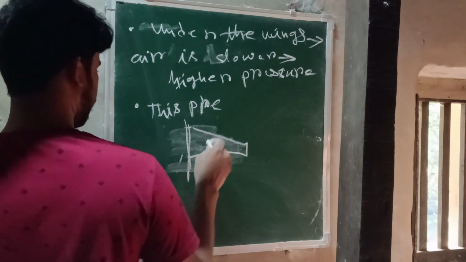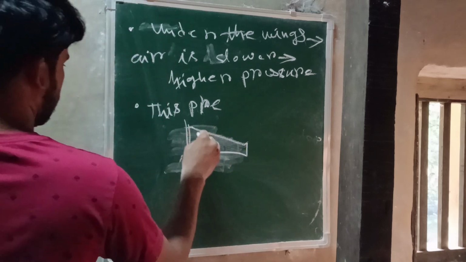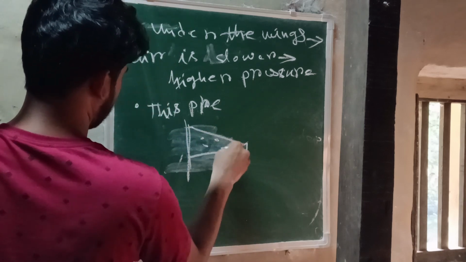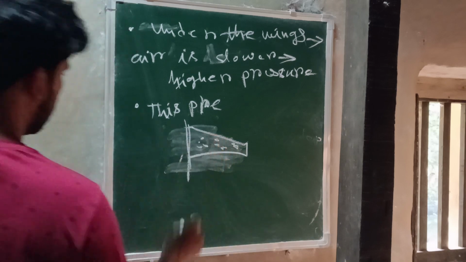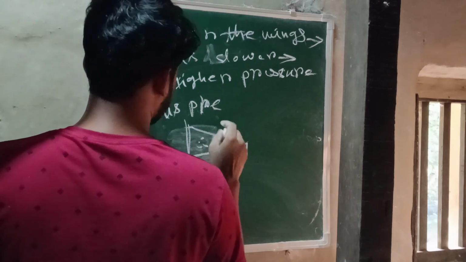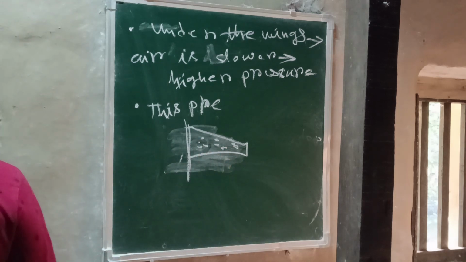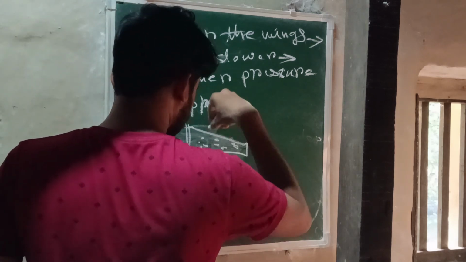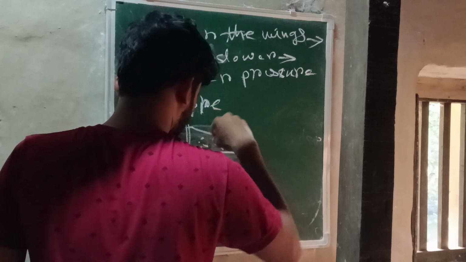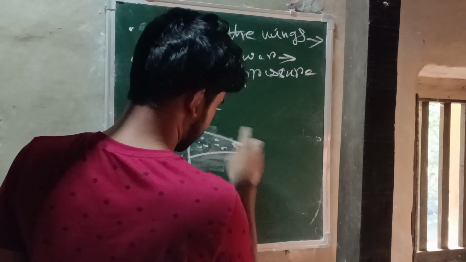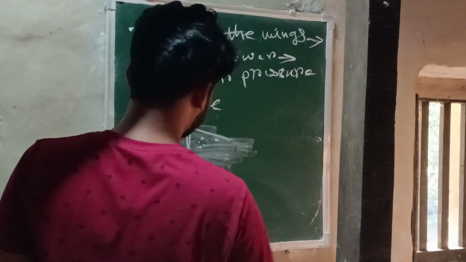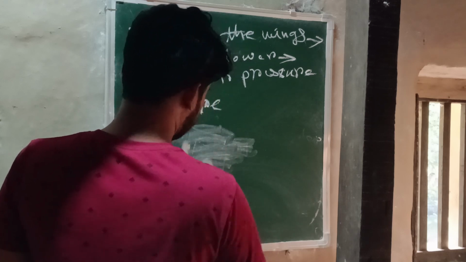This is the wing. Here is the upper surface of the wing. Its pressure is lower than its lower surface. Lower surface pressure is greater than upper surface pressure.